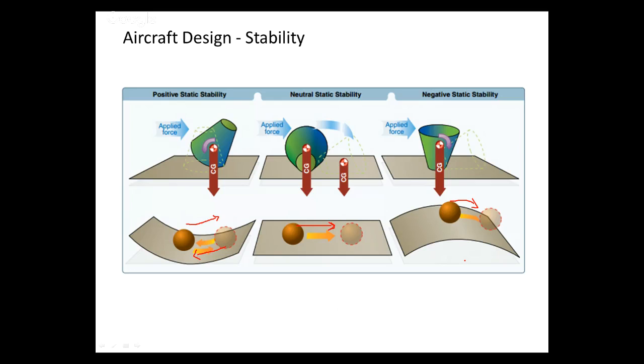These examples can be translated into aircraft stability examples. Let me go through a couple of them, because like I said, these are kind of simplistic, even though it makes intuitive sense from a visual standpoint.